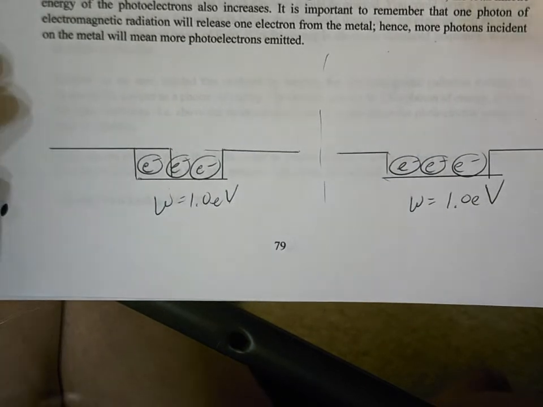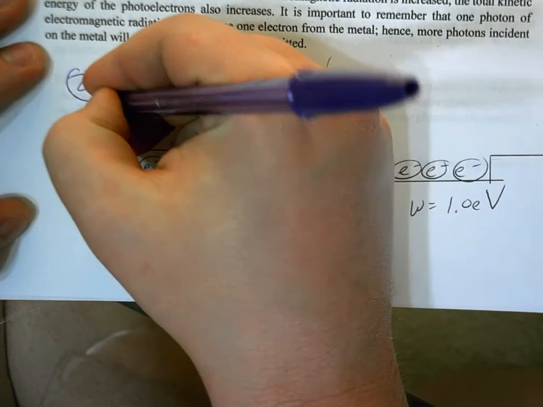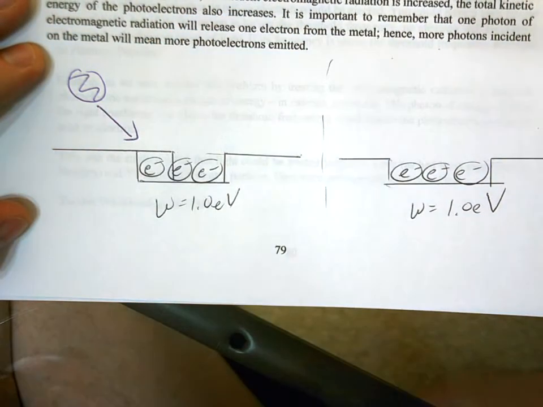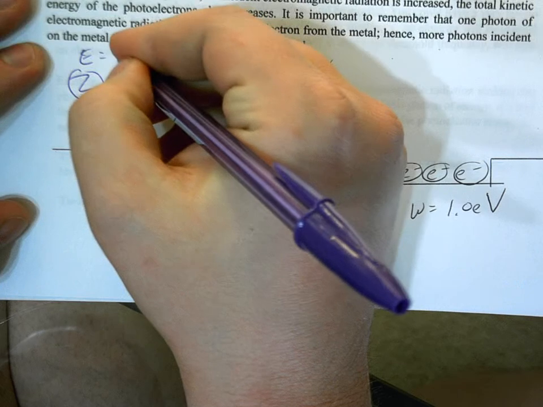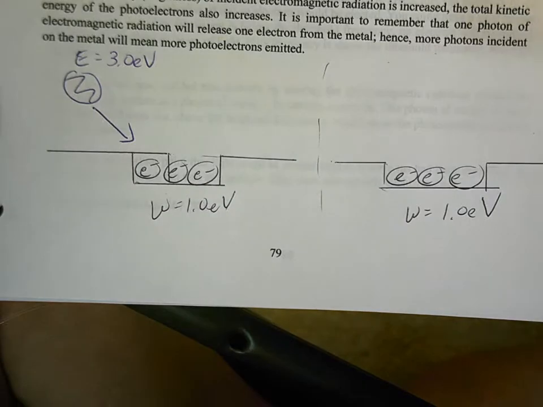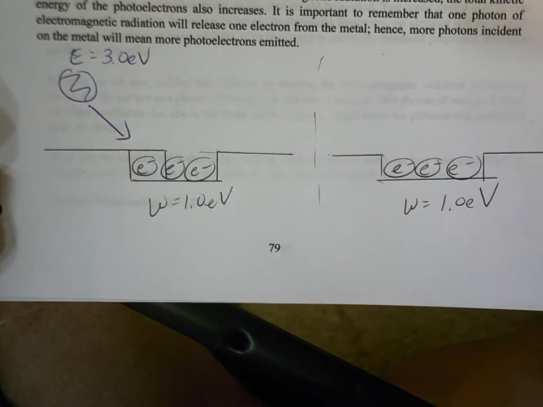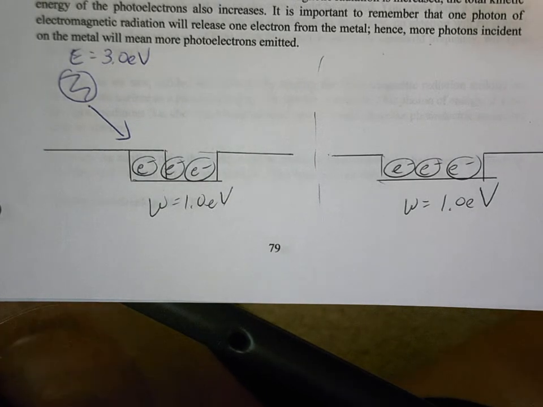Now, here's the deal. Let's say I have 1 photon coming in, and let's say it has an energy of, I don't know, 3 electron volts. What we know, and this is a very massive oversimplification of the photoelectric effect, it's not actually this simple. If you do work at the university level, you will expand on this in way more detail, but we are oversimplifying it.